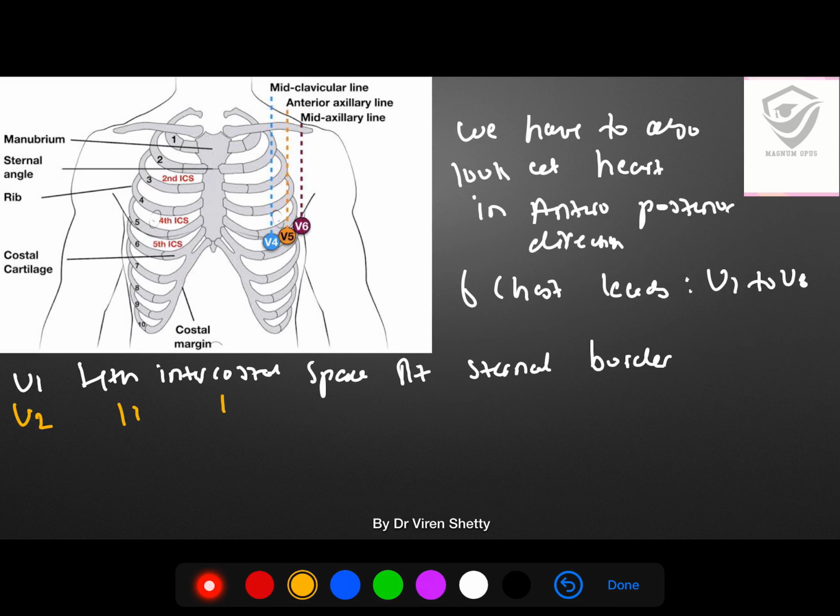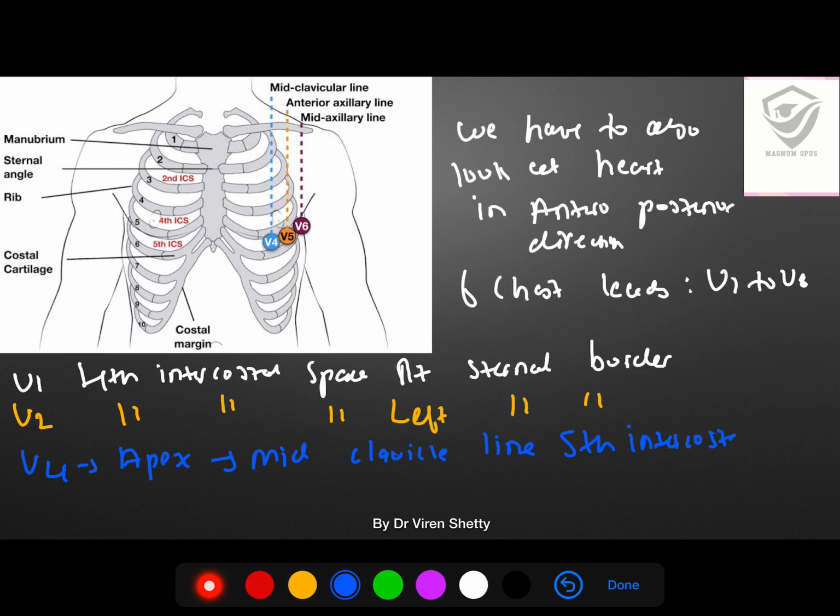V2 is present at 4th intercostal space, left sternal border. Then V4, it is present at the apex of heart, at the mid clavicle line, at the 5th intercostal space. Now you will tell me, sir, you forgot V3.